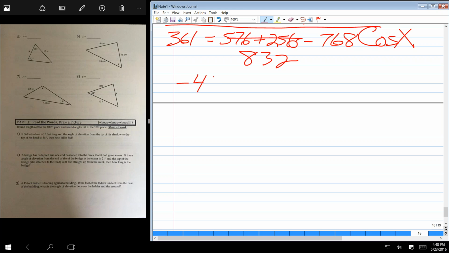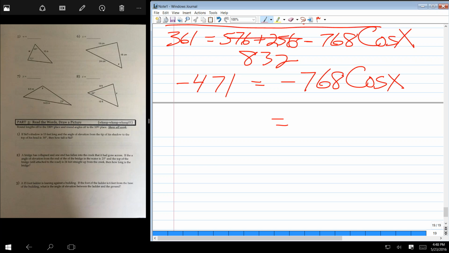Negative 471, right? And the negative's important because if you accidentally had it positive, you're going to end up with a cosine of x equals a negative number, and that's going to give you a strange looking answer. Whereas now I have a negative sign on the left and a negative sign in front of the cosine x. So now what?